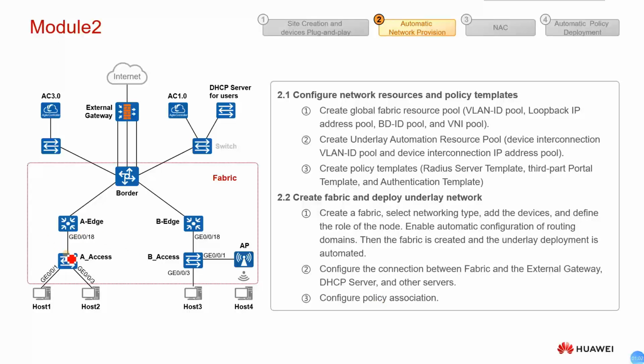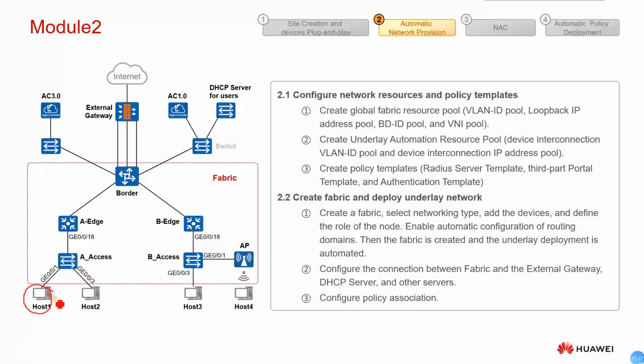Using the CAPWAP tunnel, the access and the edge can communicate with each other, for example, to send and receive the authorization result of the user. After we deploy the policy association, let's see the data flow.